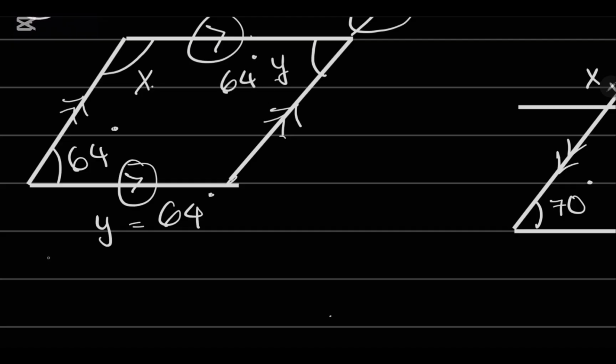And x, we don't know x. However, we know that this is also x because opposite angles in a quadrilateral, like a square, rhombus, or parallelogram, as I said earlier from rule number 2, will be congruent. So you can call this and this the same angle.